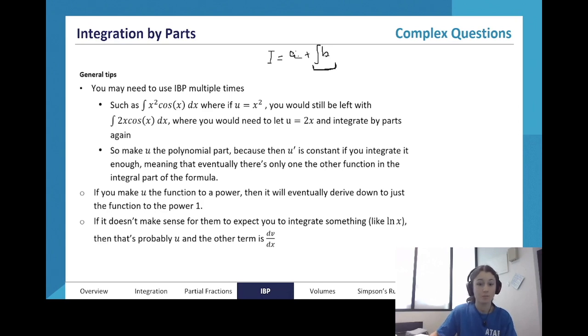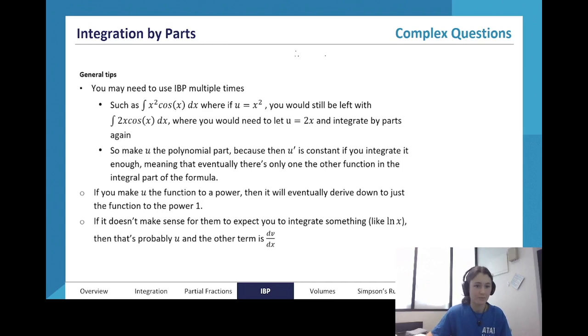It's better than it was before, but we still can't integrate it. What we need to do then is apply integration by parts to this integral here. This is where integration by parts can get really complicated. You start integrating something and think you're going really well, and then you finish it and realize you need to integrate by parts again, and then again. That is the struggle with integration by parts.